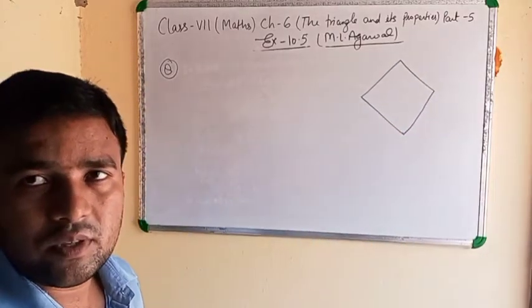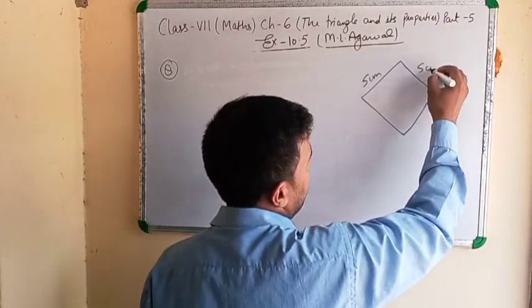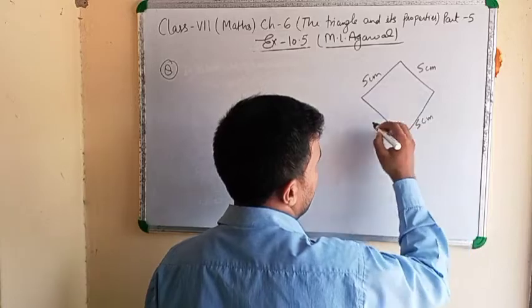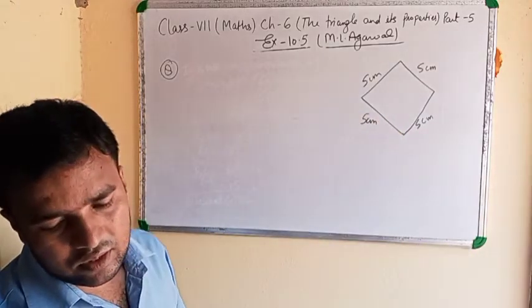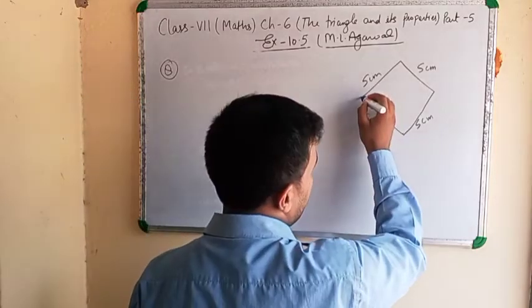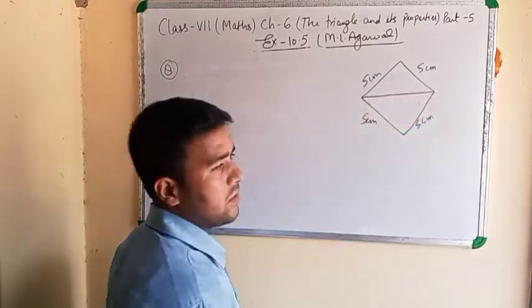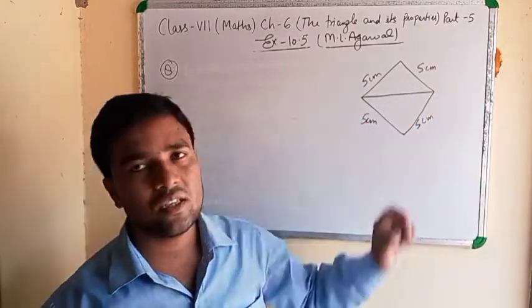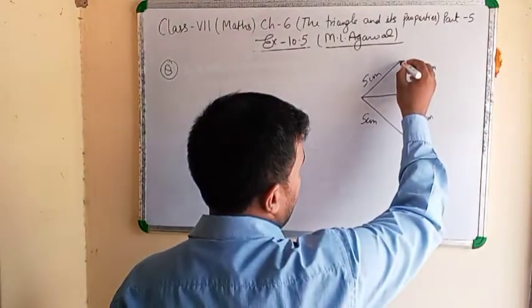Rhombus side is 5 centimeter. Length of one diagonal of the rhombus is 8 centimeter. We are asked the other diagonal length.